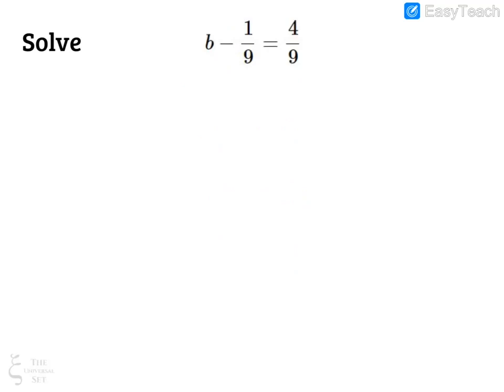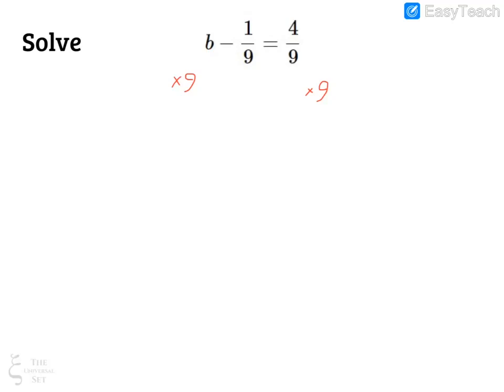So we've got two fractions in this equation here. Conveniently, they both have the same denominator. And I'm going to do exactly the same as I did before. I'm going to multiply everything on the left-hand side and everything on the right-hand side by 9, because that is the denominator. So each term needs to get multiplied by 9.